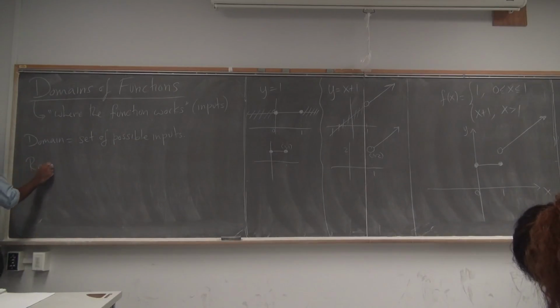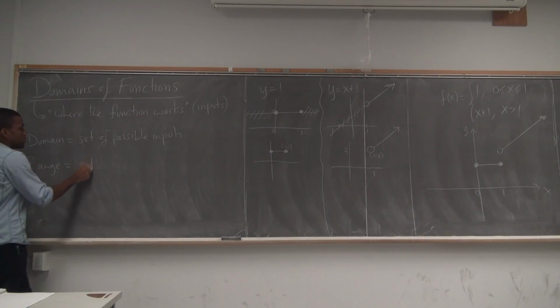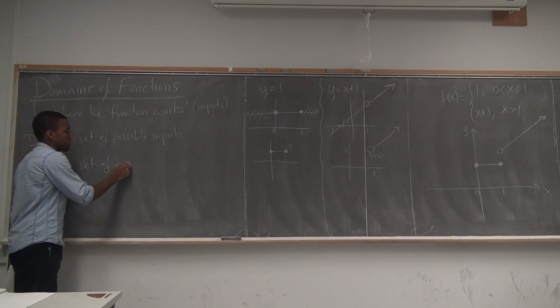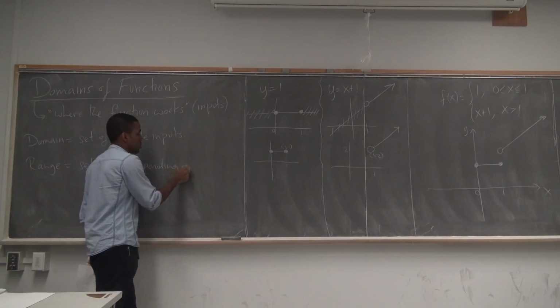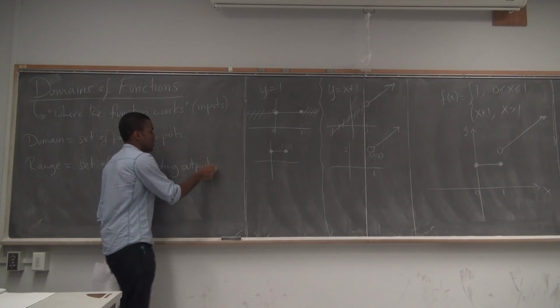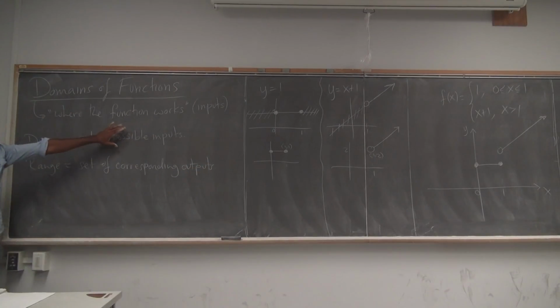Range is a set of corresponding outputs. This means when you evaluate the function at those possible inputs, the y values that you get, those form what we call the range.